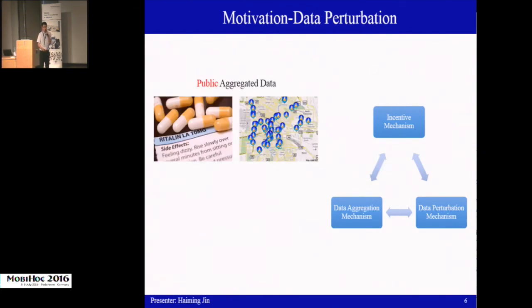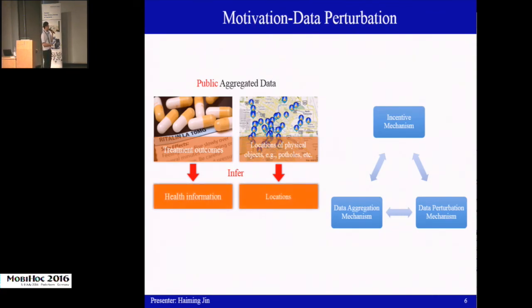Many mobile crowd sensing platforms not only calculate the aggregate data, but also publish the data, such as treatment outcomes, to improve people's awareness of the effectiveness of new drugs and medical devices, or locations of physical objects like potholes and so forth, to help people have accurate and timely localization of these physical objects. However, publishing such aggregated data gives an adversary the possibility to infer a lot of personal and private information of participating workers, including health information, locations, and so forth.